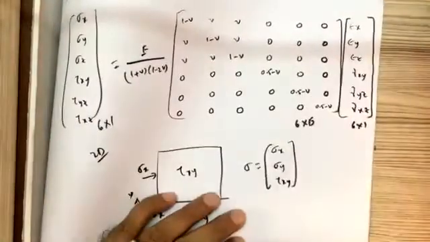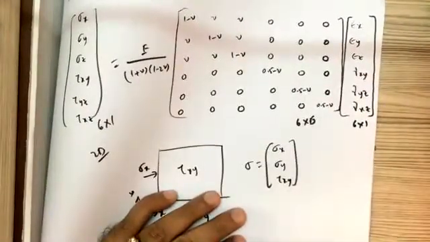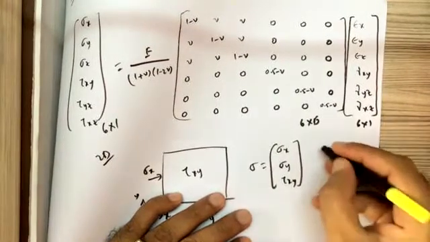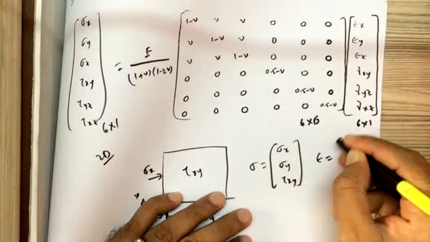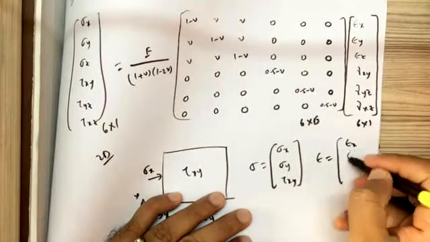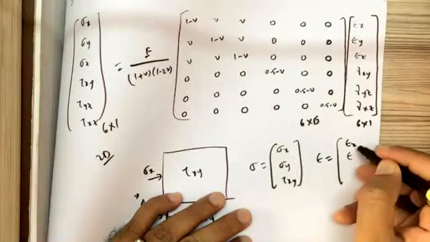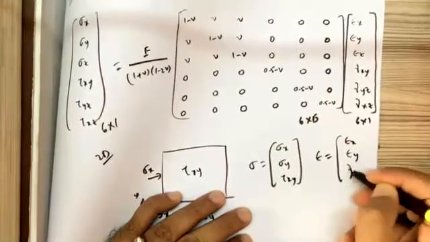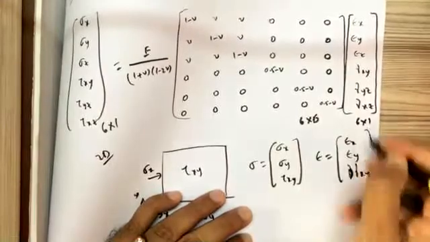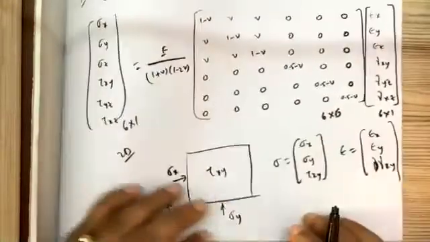Similarly, epsilon is equal to epsilon x, epsilon y, normal strains corresponding to sigma x and sigma y, and shear strain gamma xy, right?